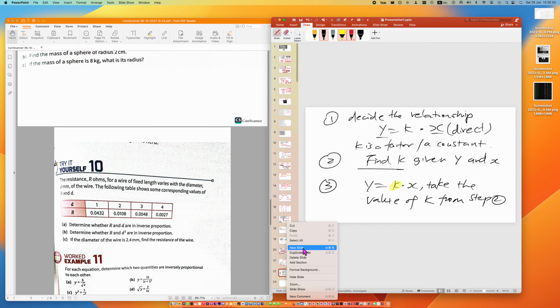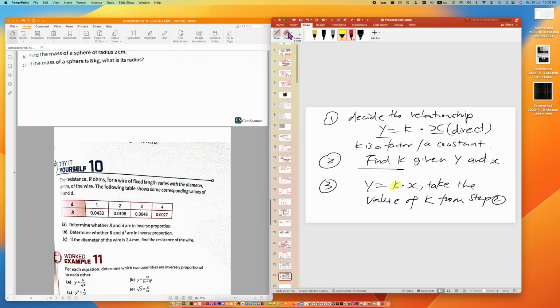But you don't use this, because we are talking about indirect. So you use y equals k over x. This is a relationship between y and x.